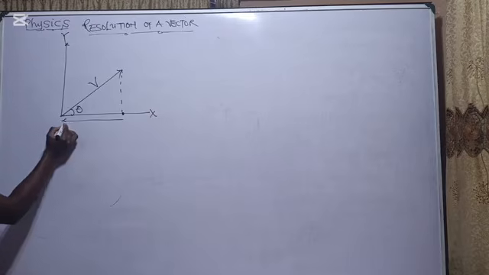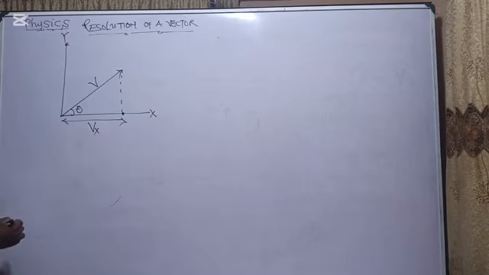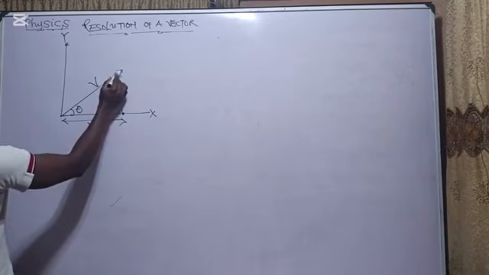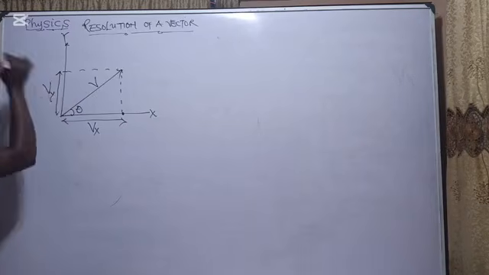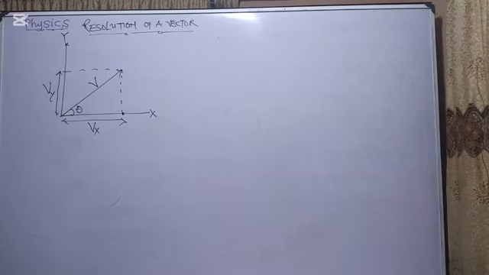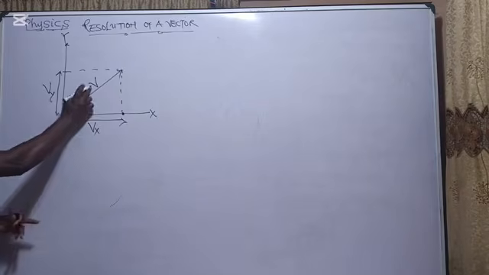So from here to here, I have the horizontal component of the vector. I can also resolve it along the vertical, that is from here to this very point. I have the vertical component of the vector.